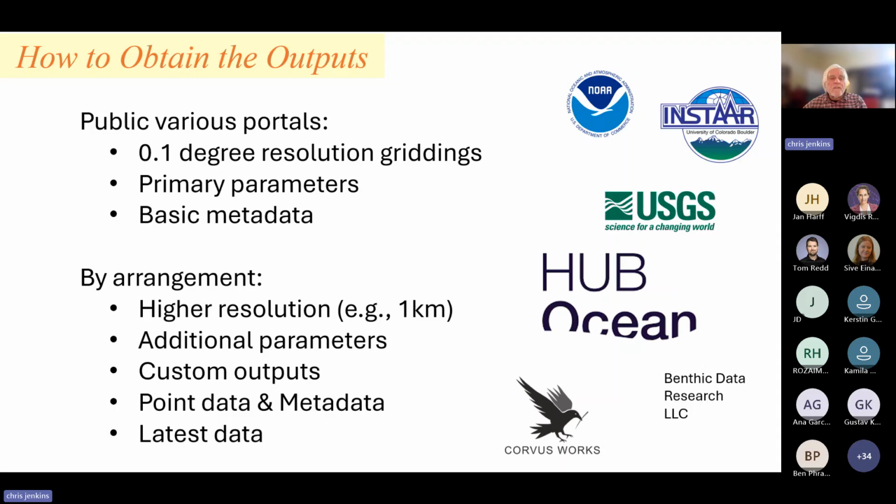And we're always interested to make new sorts of outputs. For instance, the phycologists, the algae people, have a different idea of what hard substrate and soft substrate are than usual, and so we did design something for them. Point data and metadata, of course, come with all the deliveries.